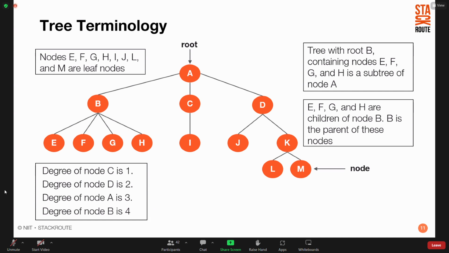It comes under children of B. And it's a subtree of node A. But they have 2 children. What, Gaurav? K, yes. K is not a leaf node. K can be considered as a subtree, because even the K block I can assume like a tree structure.